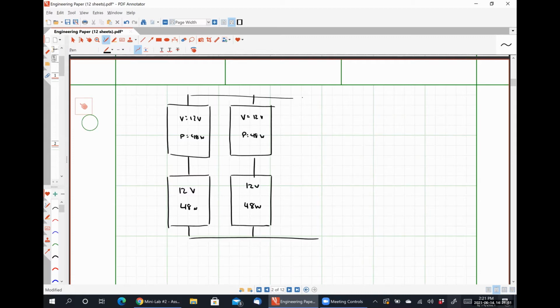If we wire up a system like this, we can actually output 24 volts at a total power of 196 watts, which means, if we look at just this solar panel in the top left, if it's rated for 48 watts and 12 volts, what is the maximum amount of current that can safely be supplied by that particular solar panel?